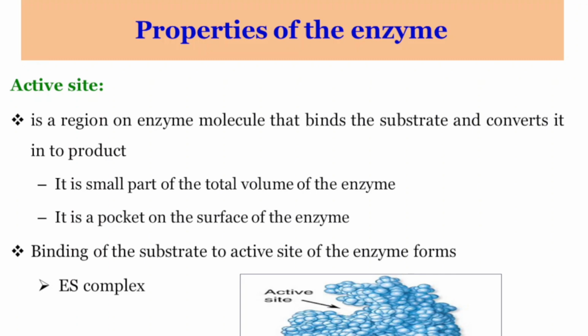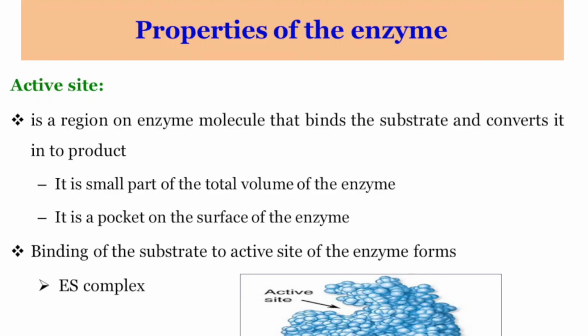Okay, properties of the enzyme. Active site: it is a region on the enzyme molecule that binds the substrate and converts it into the product. This active site has specificity. Active site is a small part of the total volume of the enzyme.